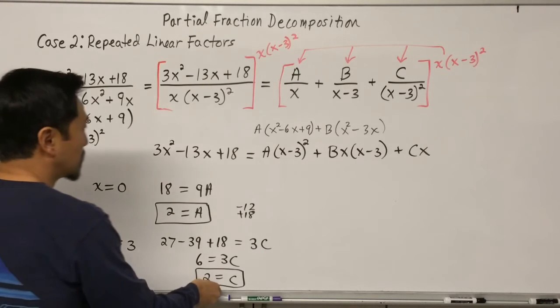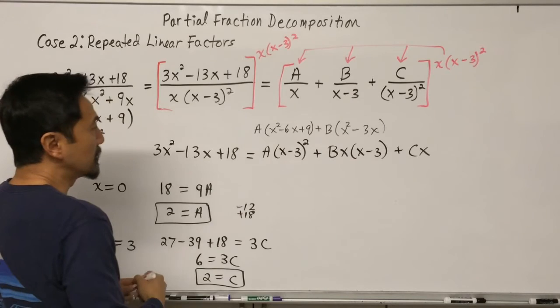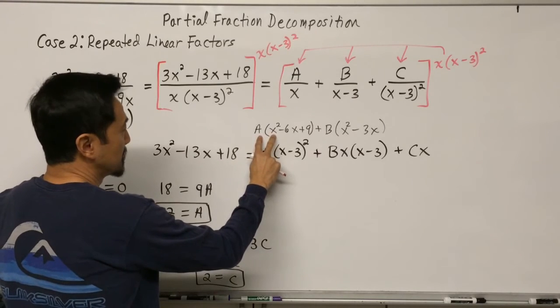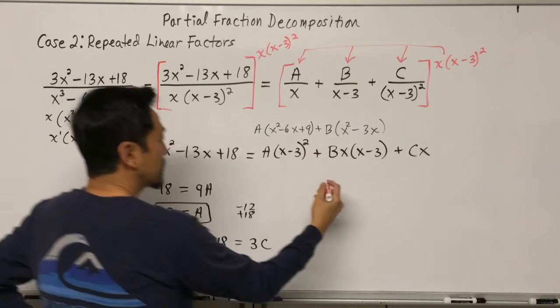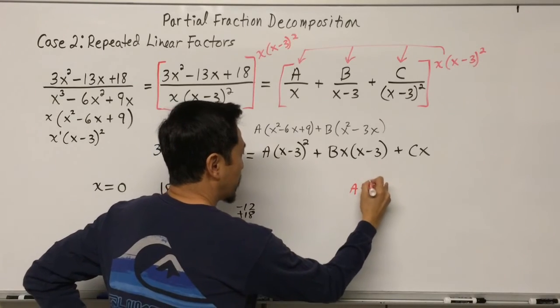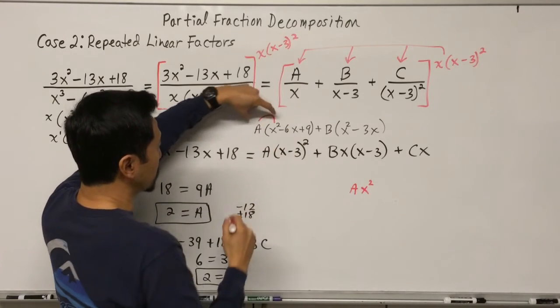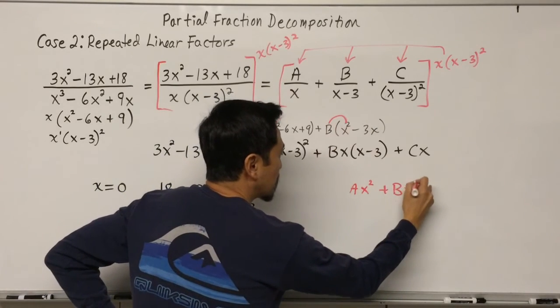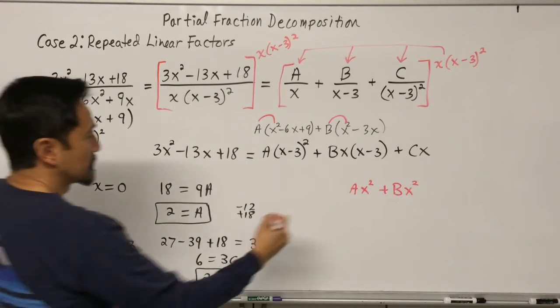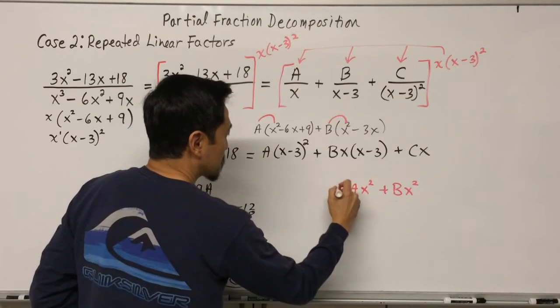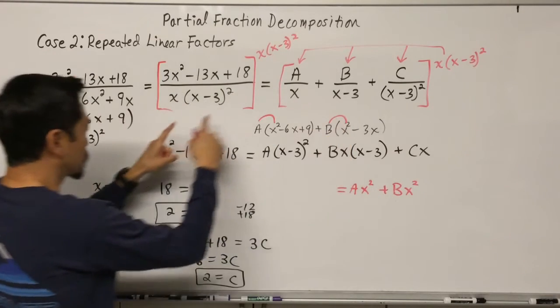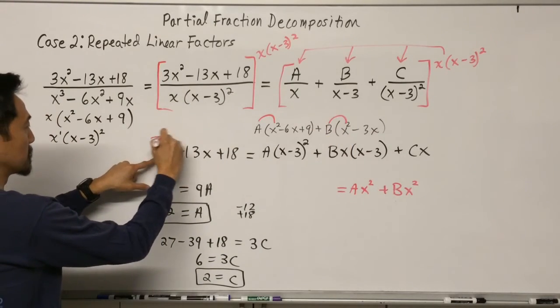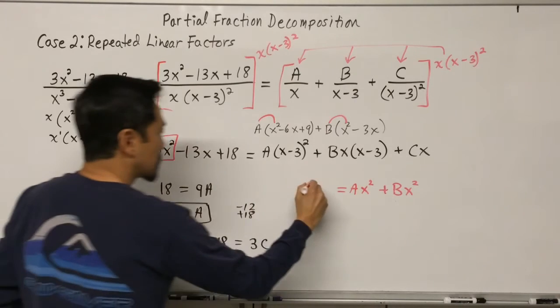And so we know that on the right hand side we'd have a what? An ax squared, right? From that multiplication, and you'd also have a bx squared. But that ax squared plus bx squared would then add up to give us the squared term on the left, which would be this term here. Okay?